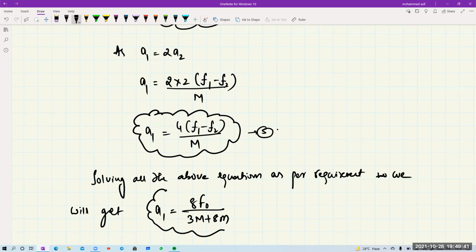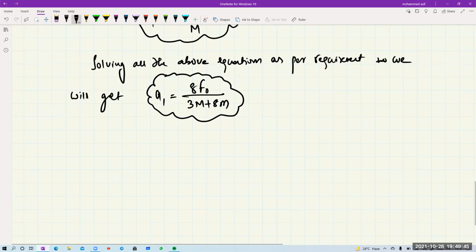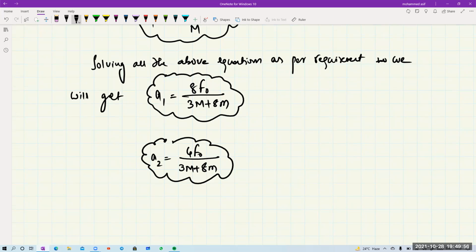So this is the value of your A1. The same way, A2 will be equal to 4 times F naught divided by (3 times capital M plus 8 times small m). This is the value of your A2.